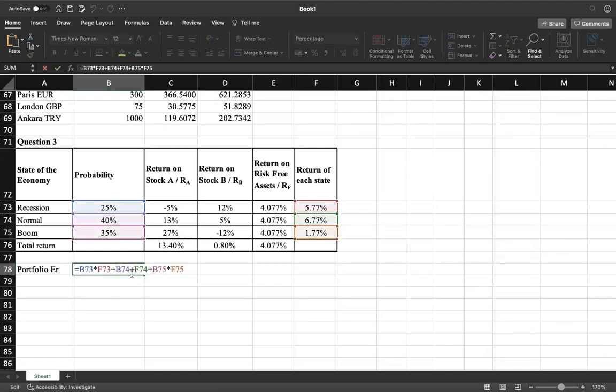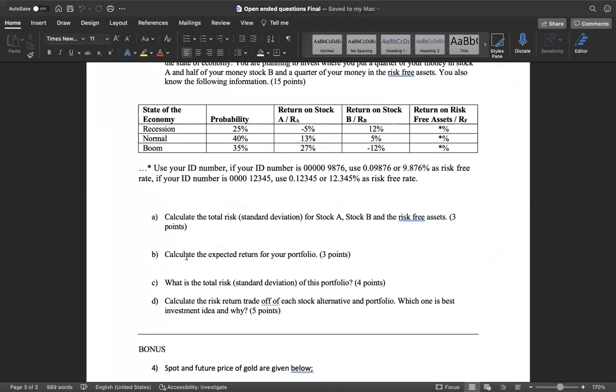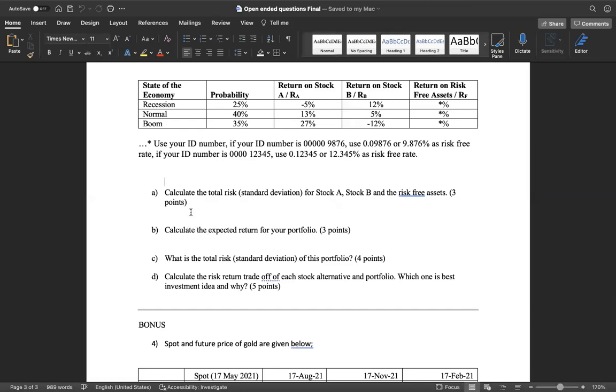Oops, it should be okay. The sign was incorrectly written as plus sign. Multiply, multiply, multiply. Okay, it is true now. 4.77. It is our expected return. Expected return of your portfolio. We are done with, we calculated B part.